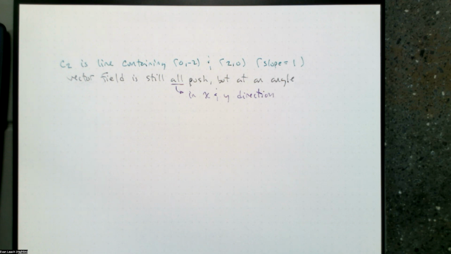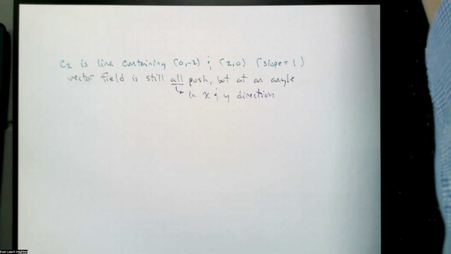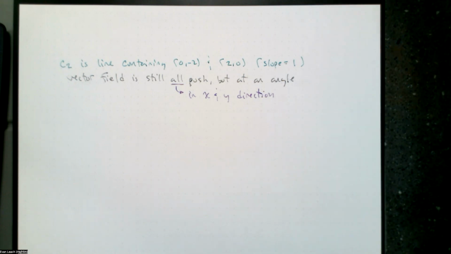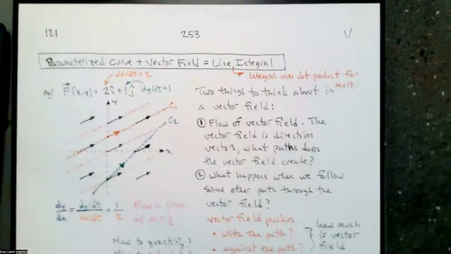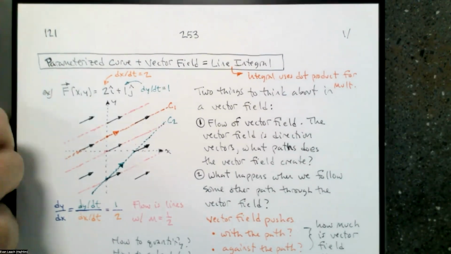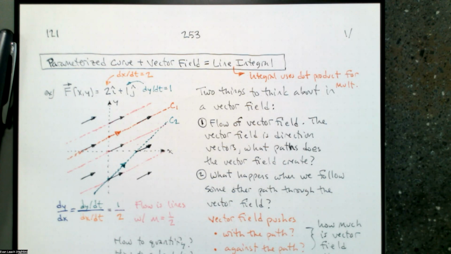What we want to think about is the interaction between the vector field and the path that we're defining through the vector field. Let's make another one. C3, you can probably guess, is going to agree in one and disagree in the other.